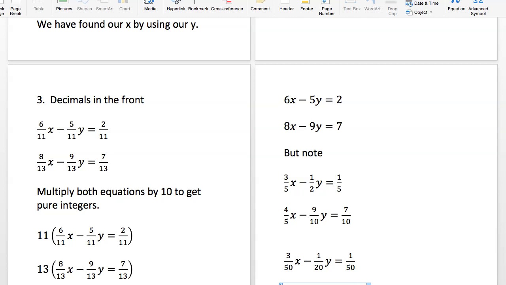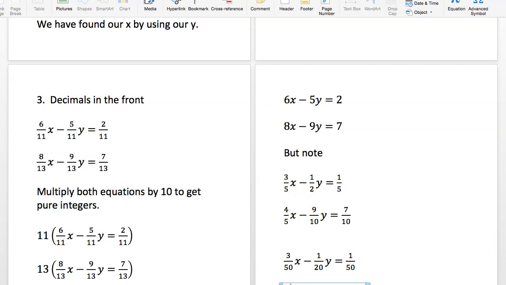Now 9 over 100 is so stiff it doesn't reduce at all, and neither does 7 over 100. 4 over 5 is stiff, but 4 over 50 will go down a notch. Oops, that's not 4 over 20.